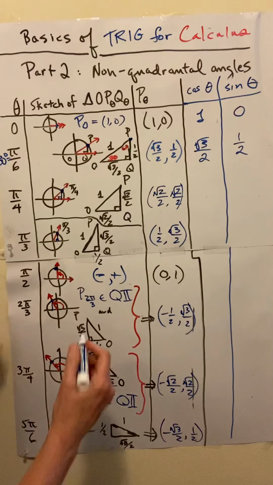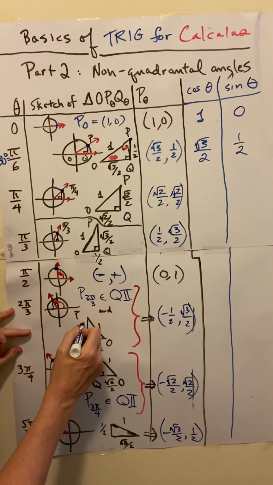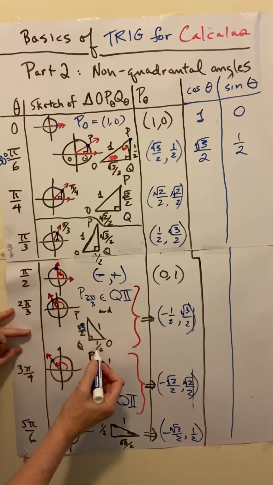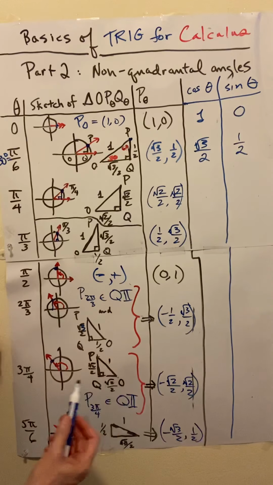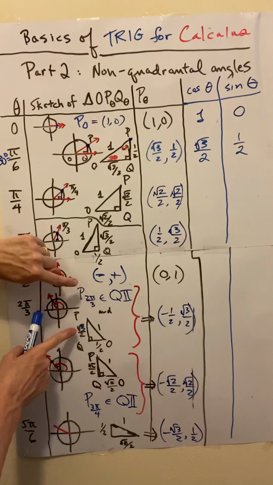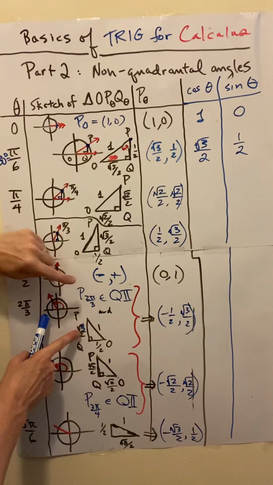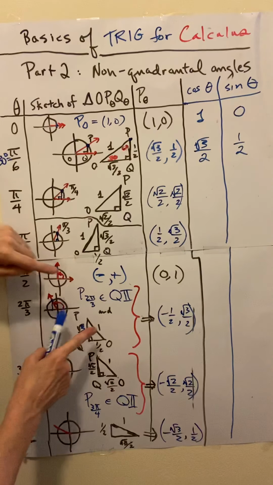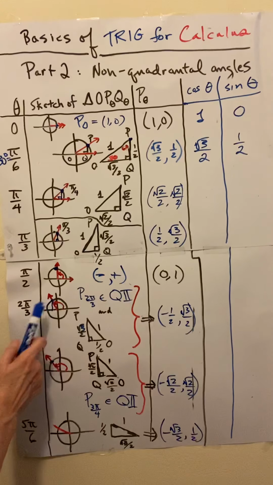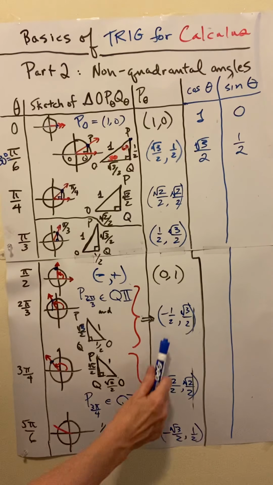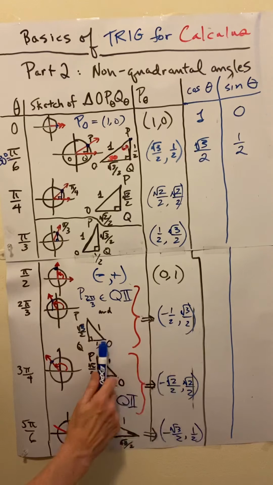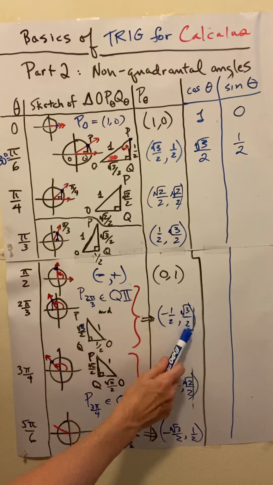That's a square root 3 over 2 on that longer leg, all right? And 1/2 down here and 1 there. You put these two pieces of information together to say, oh, the coordinates of this point, P sub 2 pi over 3, is that the x coordinate has to be a negative 1/2. The y coordinate has to be positive.